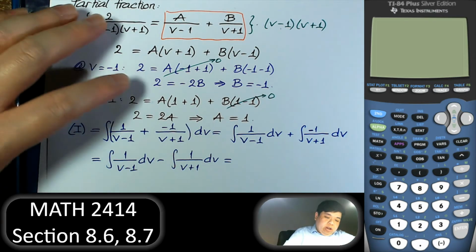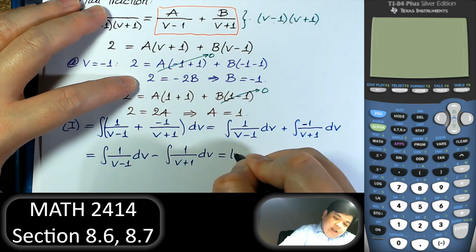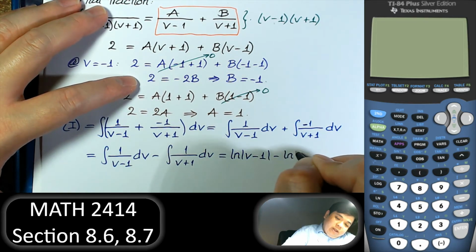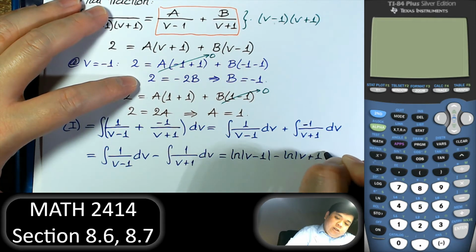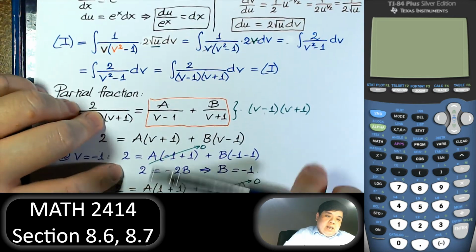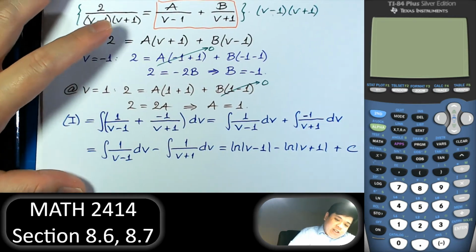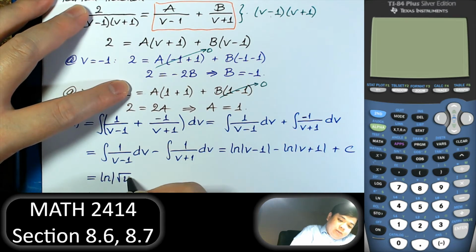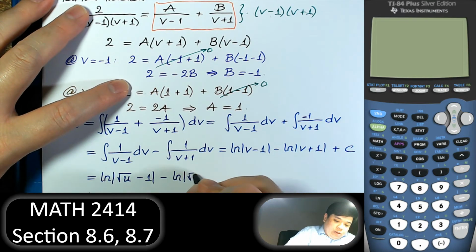So in this problem we have ln of v minus 1 minus ln of v plus 1 plus C, and v is square root of u.